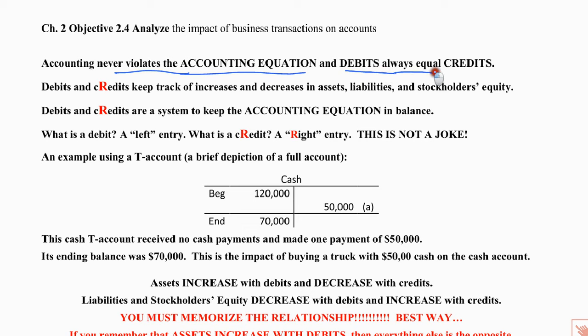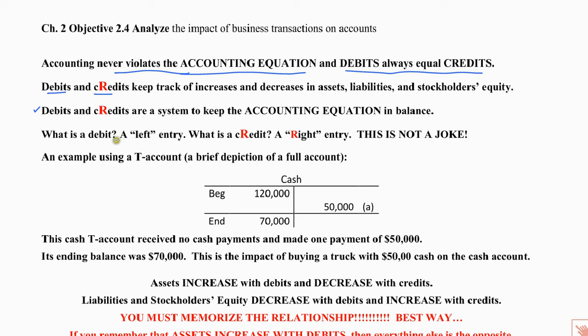And debits always equal credits. In fact, the system ensures that the accounting equation won't be violated when debits equal credits. Debits and credits keep track of increases and decreases in assets, liabilities, and stockholders' equity. Debits and credits will keep the accounting equation in balance.